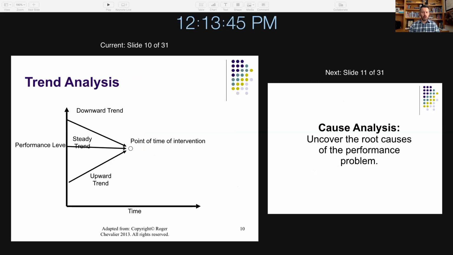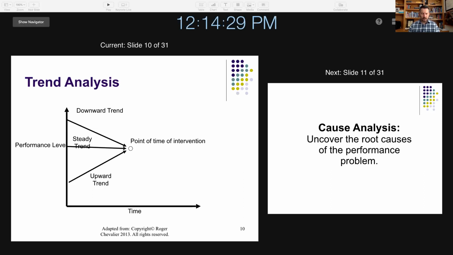If we just looked at it from then on, then we don't really take into account what the trends are for that particular performance, and therefore we leave a lot of possibilities for misunderstanding the effects of the intervention. By incorporating the trend analysis, we are able to better say with confidence that our intervention had some effect on the performance.